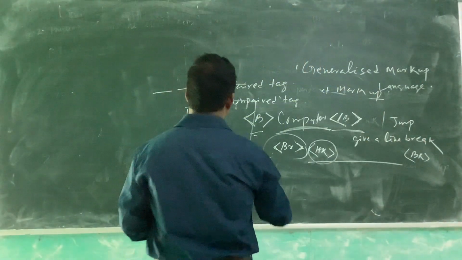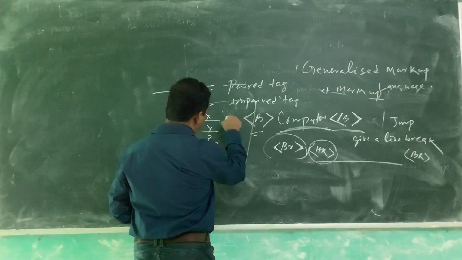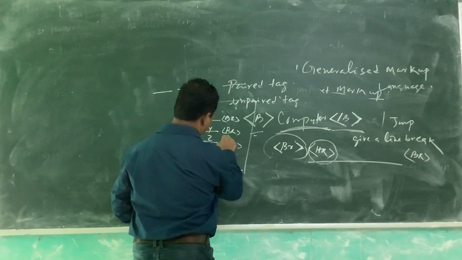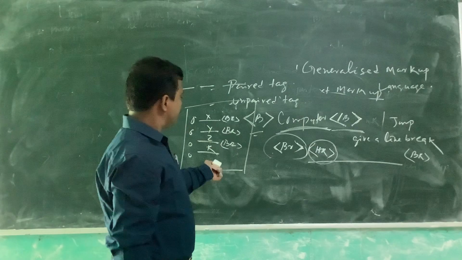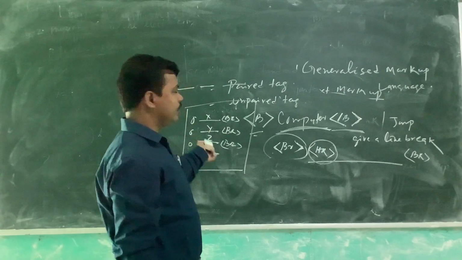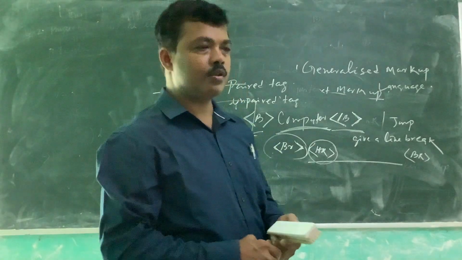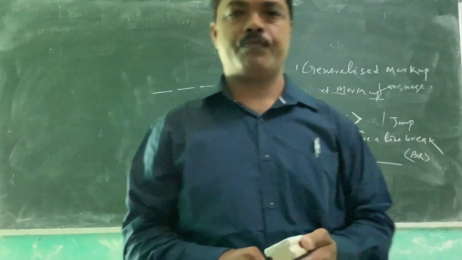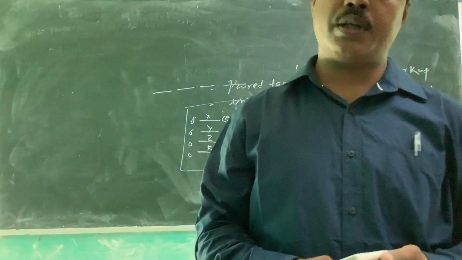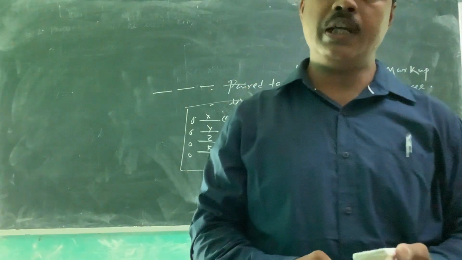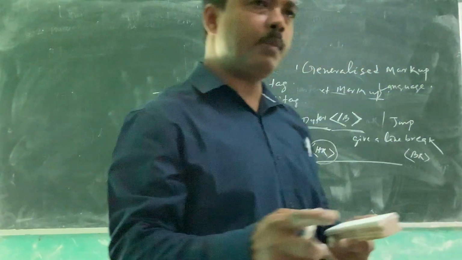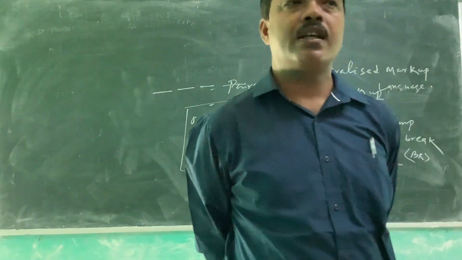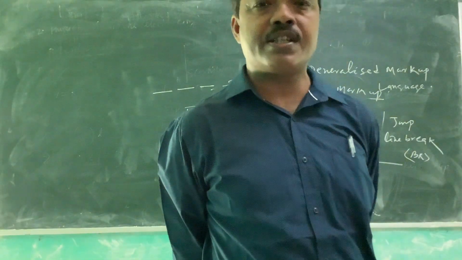That means we have to type the BR tag here, and accordingly in your web browser, you will see the names of students as per your requirement, that is line by line. And remember, HTML tags are not case sensitive.